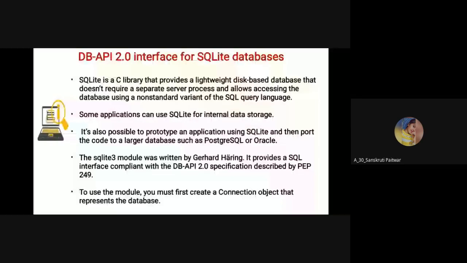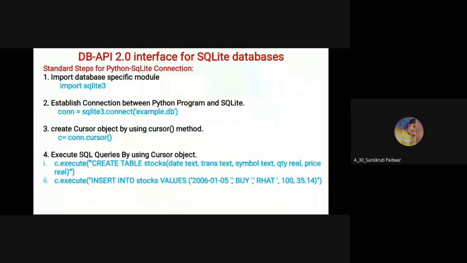Okay. Then to use this module, you must first create the connection object that will represent the database. So we can follow the same steps for connecting Python with an SQLite database. All 7 steps we have previously discussed, we can use for connecting Python with SQLite. Now you can see the first step, import the database specific module.